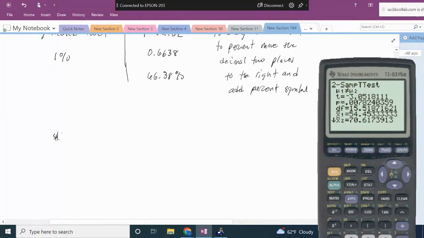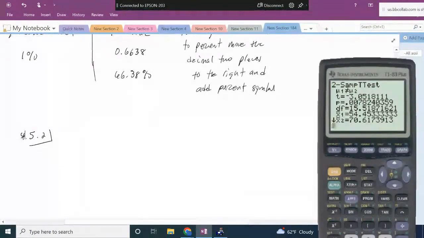All right, so this is 4.5, number 2. So we're given New York temperatures, which is mu 1.